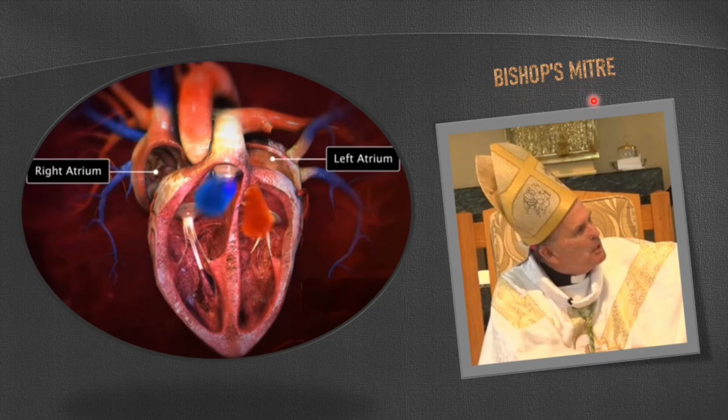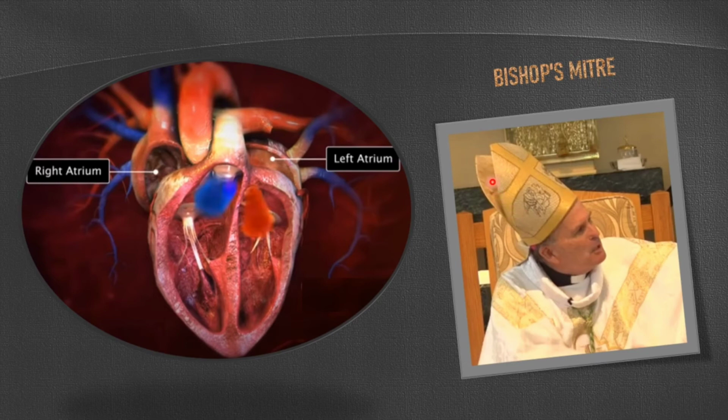Mitre is actually a Greek word that means crown. The governor of the church is the leader, so he has to wear a crown. That is why the cap worn by this church governor is called the bishop mitre. Because it looks like this bishop mitre, it is called a mitral valve.